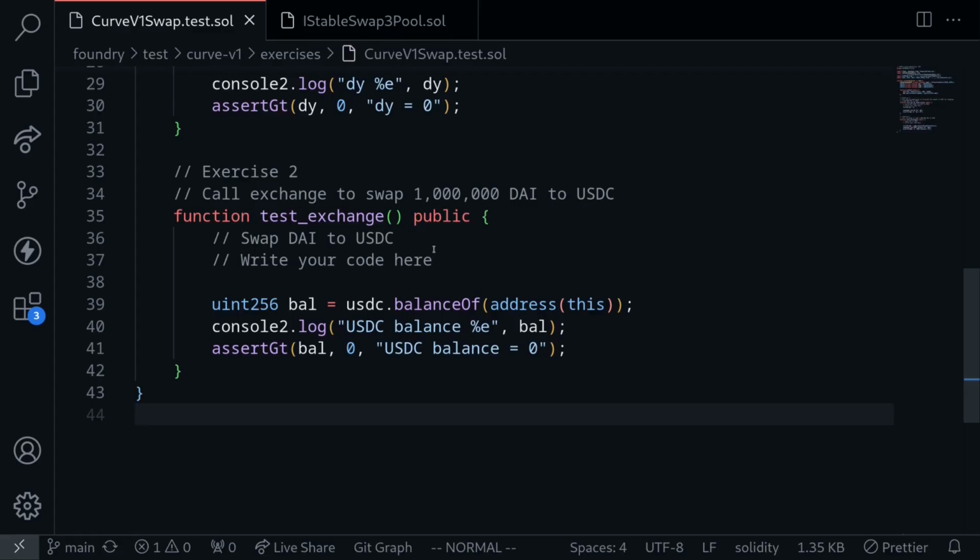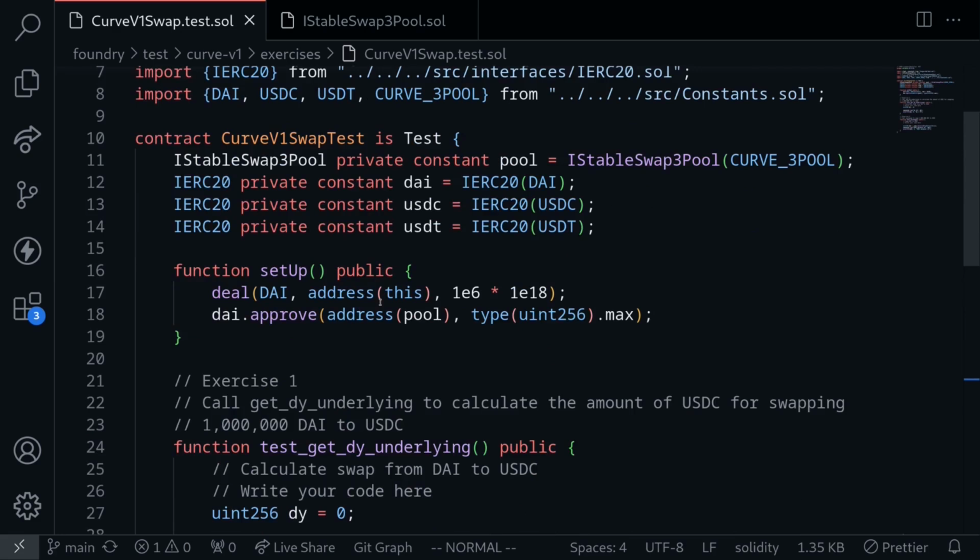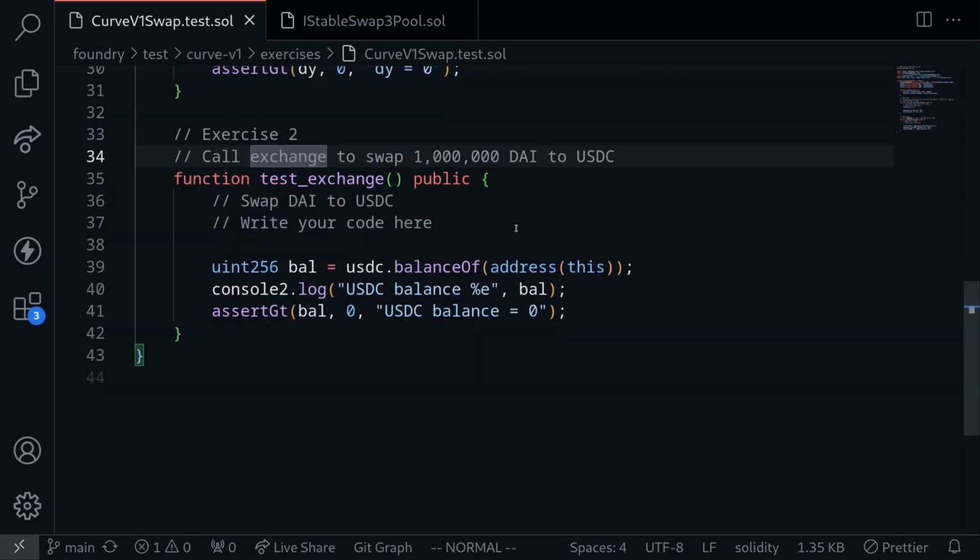For exercise 2, actually swap the DAI for USDC. The amount of DAI that you'll swap is 1 million DAI. And as a setup, inside this setup, this contract is given 1 million DAI, and it has approved the Curve StableSwap 3-pool contract to spend all of the DAI. Here you'll need to call the function exchange to swap DAI for USDC.